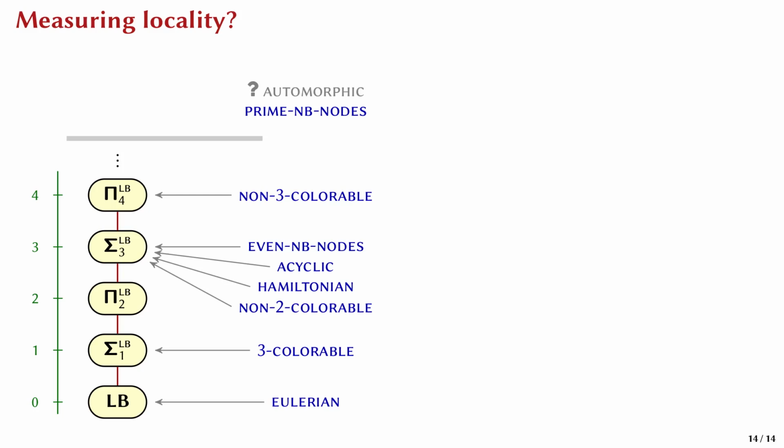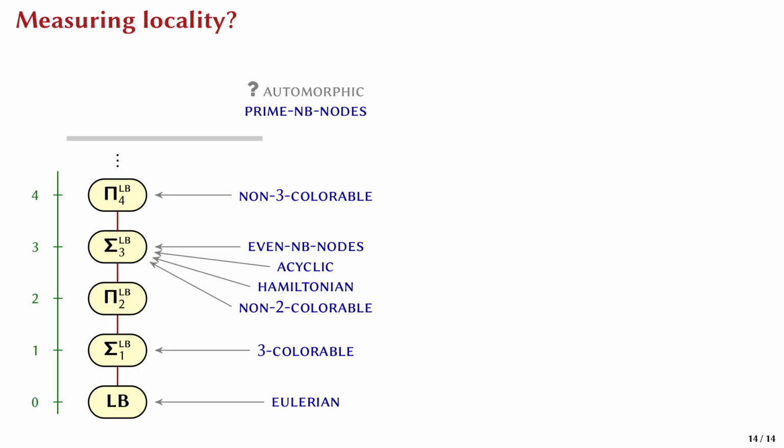After all, the automorphism may have to map very distant parts of the graph to each other. But what about all the levels in between? For instance, would it make sense to say that Hamiltonicity is a more local property than non-3-colorability? I don't know about you, but I have no intuition about that.